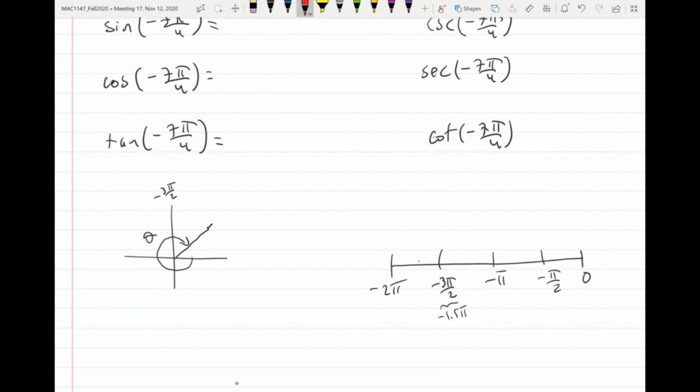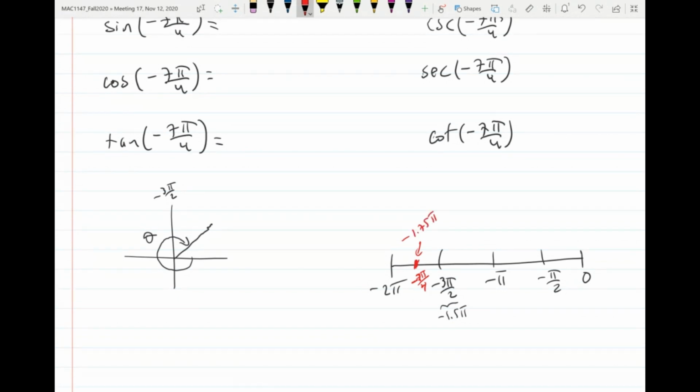In fact, it's exactly in the middle, right? Right here is negative 7 pi over 4, because this is negative 1.75.